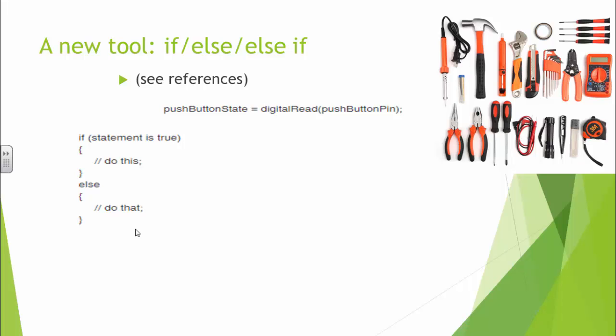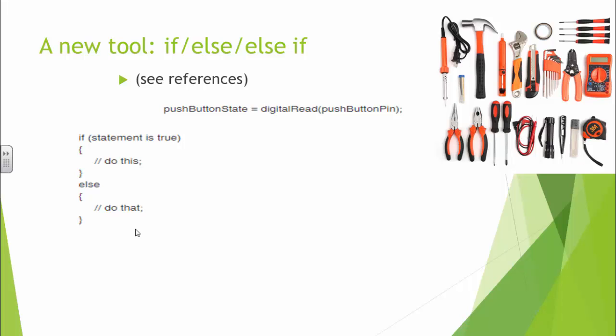But if statements check to see if something is true, and then they can execute a set of commands based on that statement. If the statement's not true, else can allow us to execute something else, to do something else based on it.